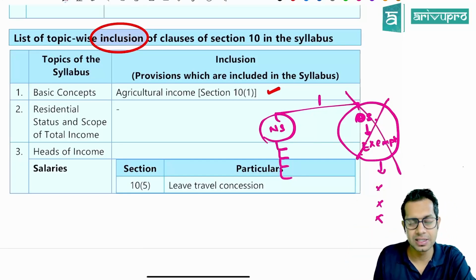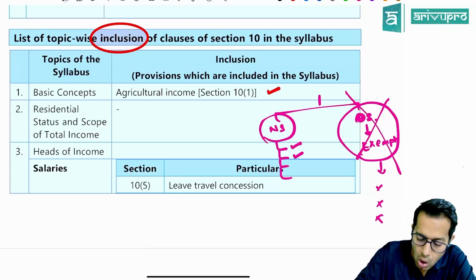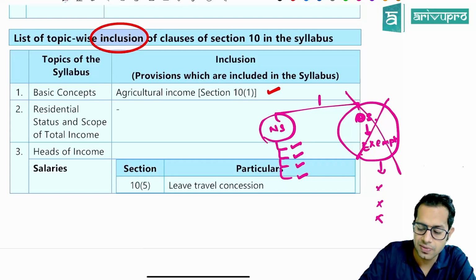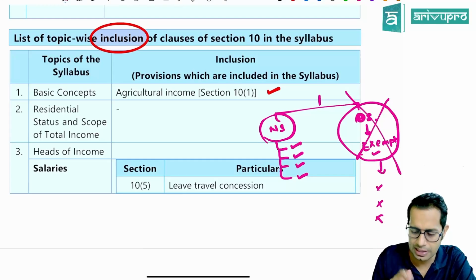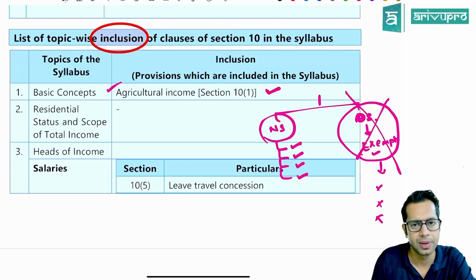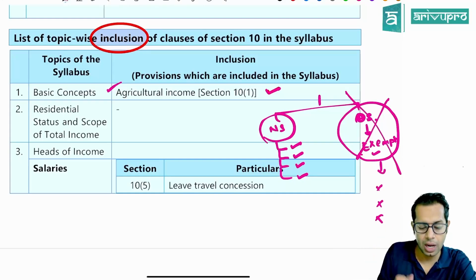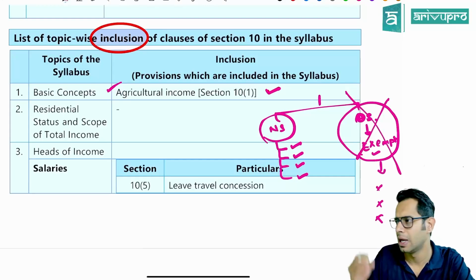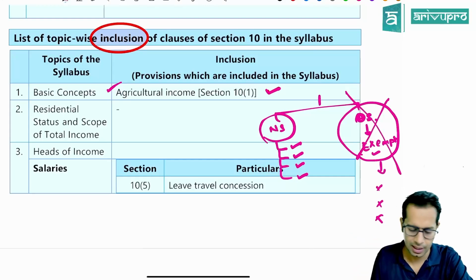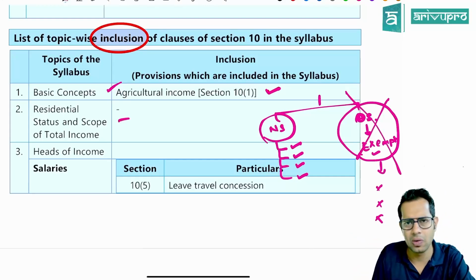What they have done, sir, is they have included all the different important concepts from the exemption chapter in various different chapters. For example, they have included agricultural income in your basic concepts. Before, agricultural income was not discussed with basic concepts, but now it is going to be discussed with basic concepts. Residential status, is there any inclusion?